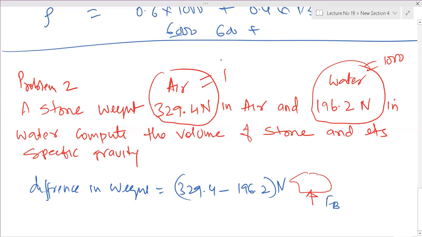Because in air we are taking the reference, so here we are assuming no buoyancy. In this problem our reference is air, because we always measure in air, so basically the difference of weight is due to buoyancy force, FB of water.